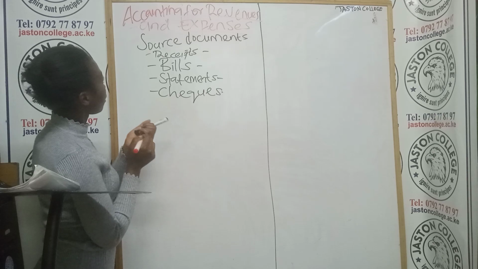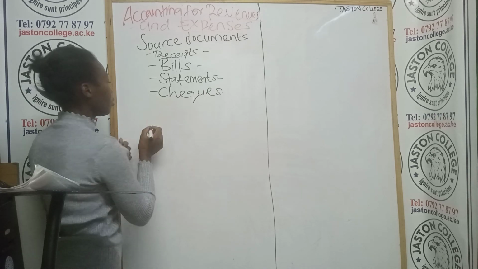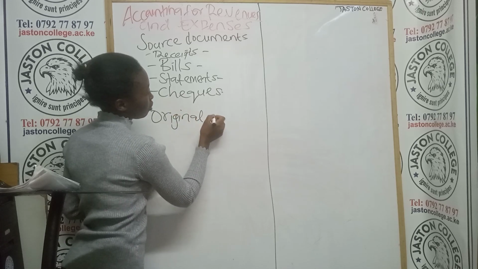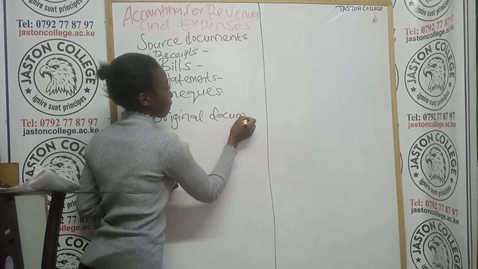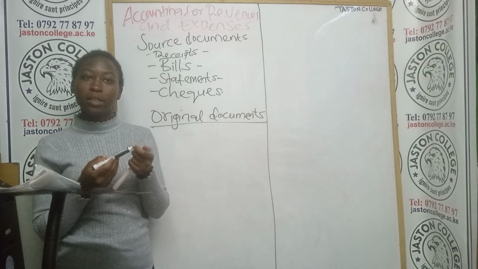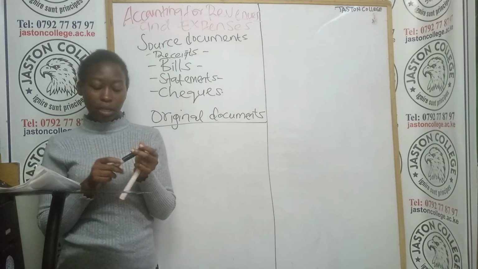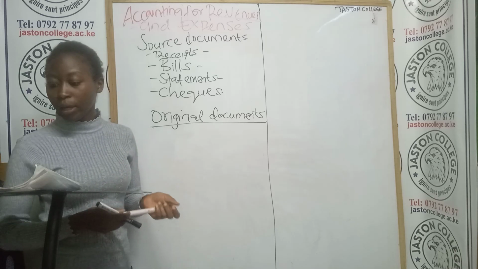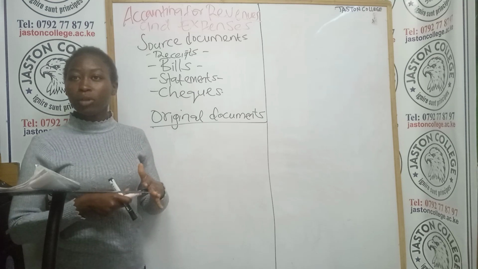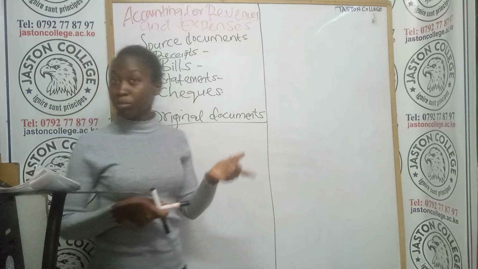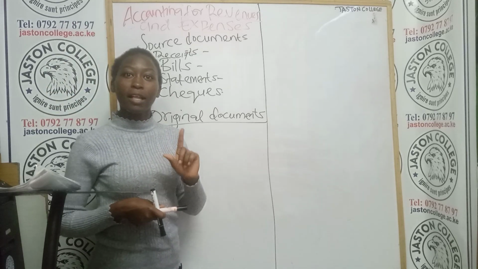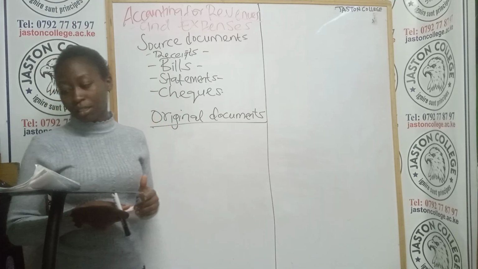So we have our original documents. So in our original documents, we have the books. We have the cash books, the petty cash book, and the cash books, which we have the double cash books and the 3-column cash books.